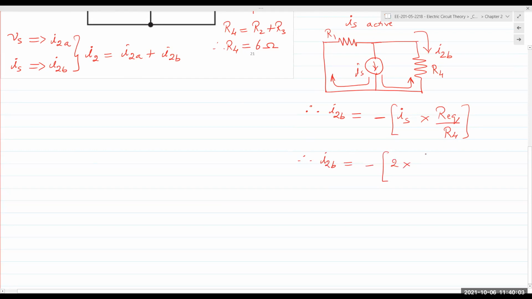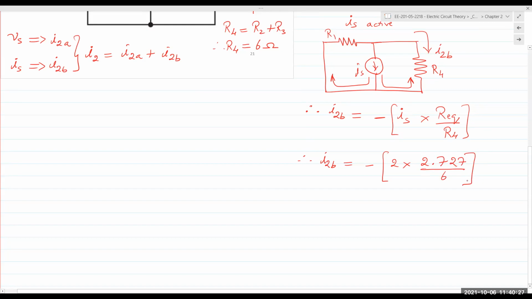This is 2 amps. REQ is R1 in parallel with R4, which is 5 and 6. When you have two resistors in parallel, it's the product of the two divided by the sum of the two. So it's 30 divided by 11, which comes out to be 2.727 divided by 6.